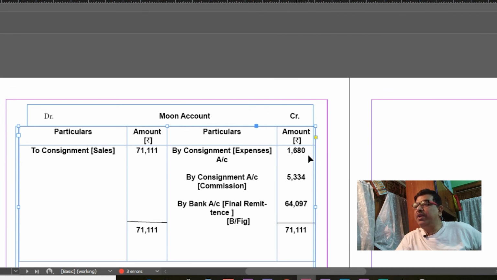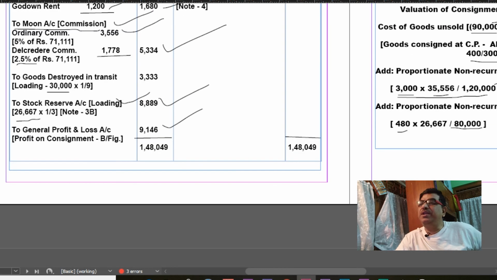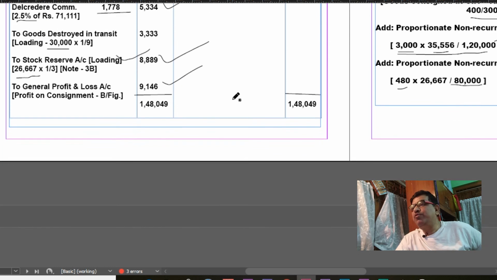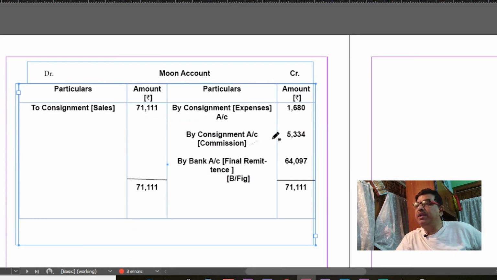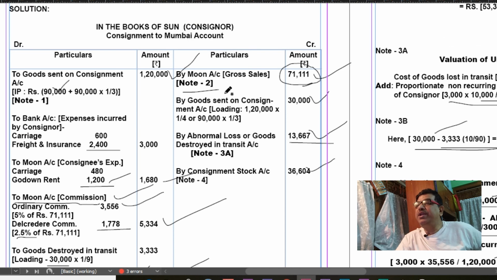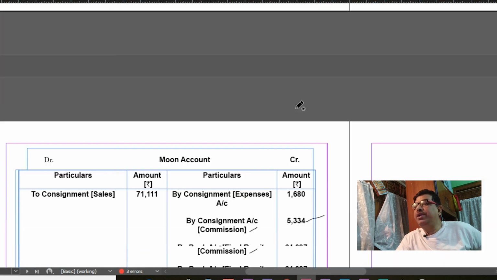Therefore, it will come on the opposite side. By consignment account expenses 1,680. At the same time, in case of commission, to Moon account was rupees 5,334. Naturally, I have to put it on the opposite side. By consignment account 5,334. And now on the credit side, under consignment account, by Moon account, that is sale proceeds, was 71,111.